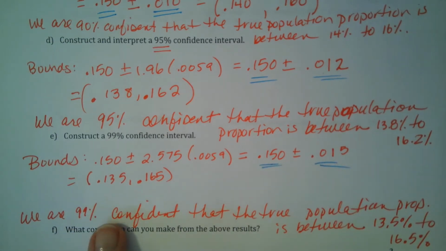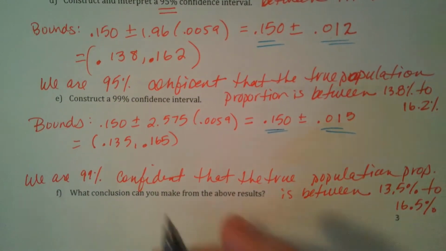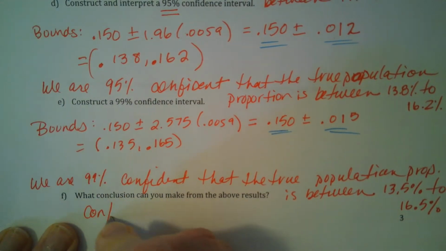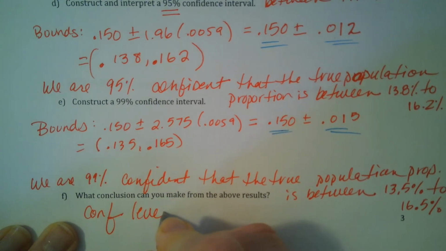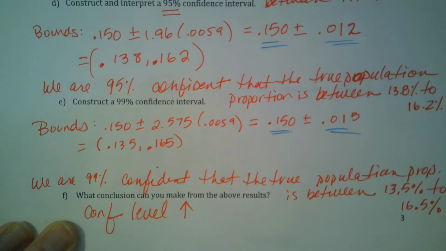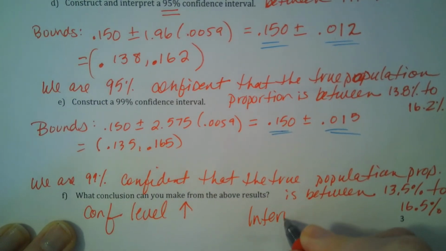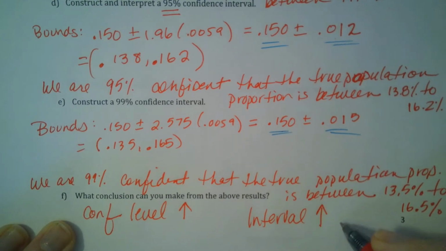So we are 99% confident that the true population proportion is between 13.5% to 16.5%. So the conclusion that we can draw from those above results, which we already knew, is as the confidence level increases, your interval has to get wider.